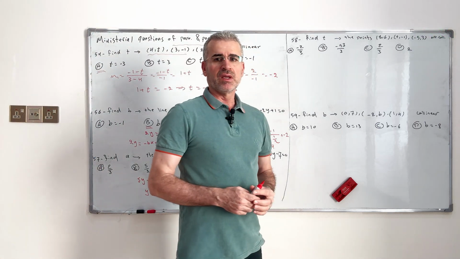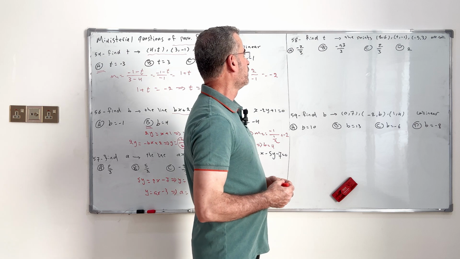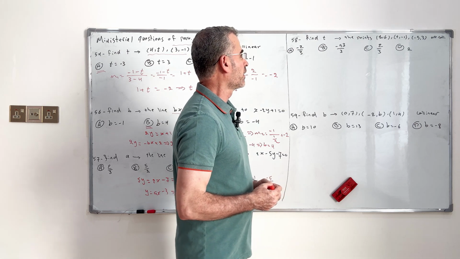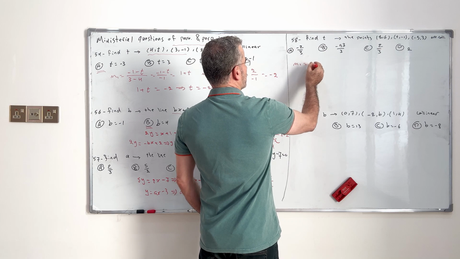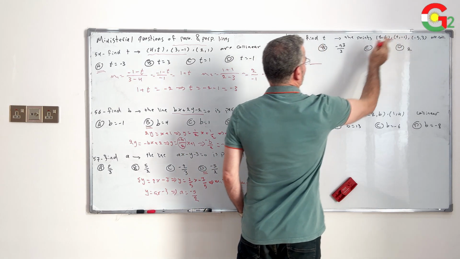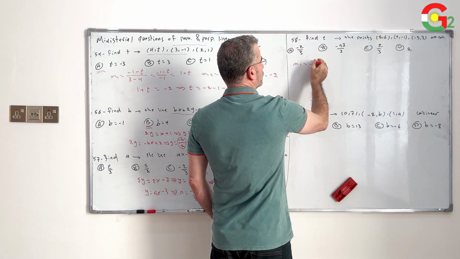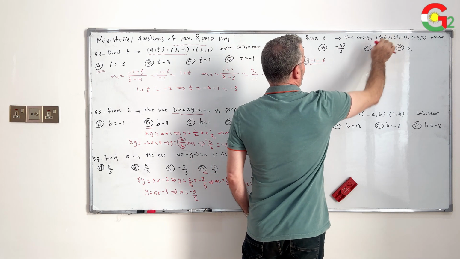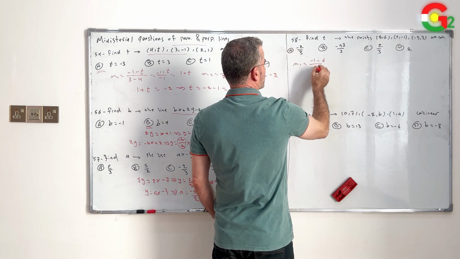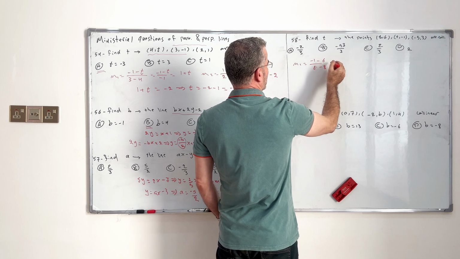Question number 58. Find the value of t where the 3 points are collinear. Find the slope for the first 2 points, y2 -1 minus y1 6 over x2 t minus x1 8.